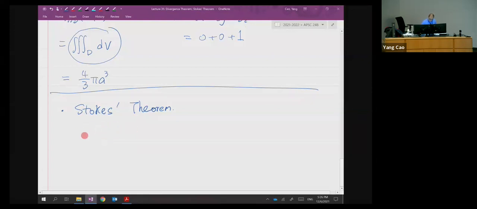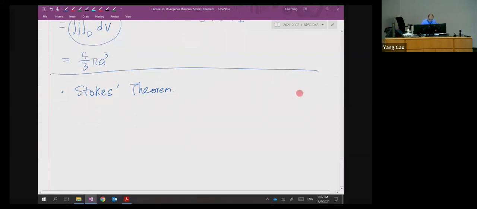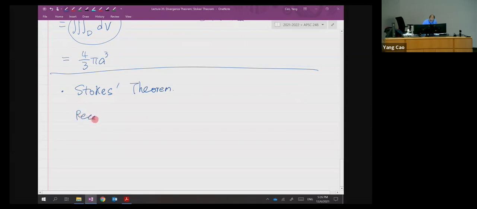Actually, before I talk about Stokes theorem, let me talk a little bit about Green's theorem, so that we can lead into Stokes theorem. So if you recall Green's theorem, what is it?